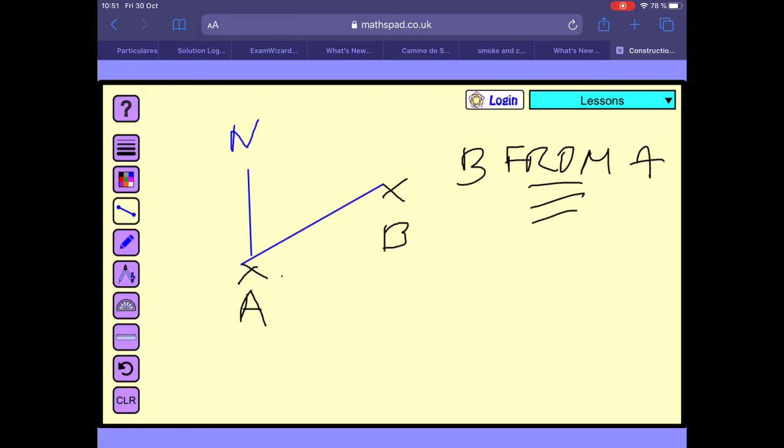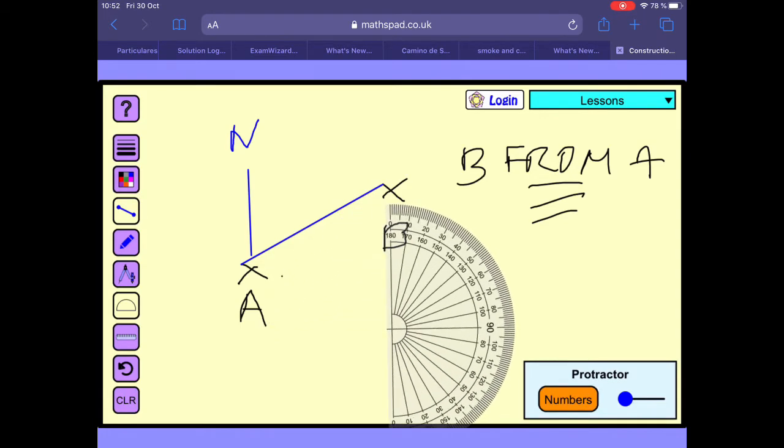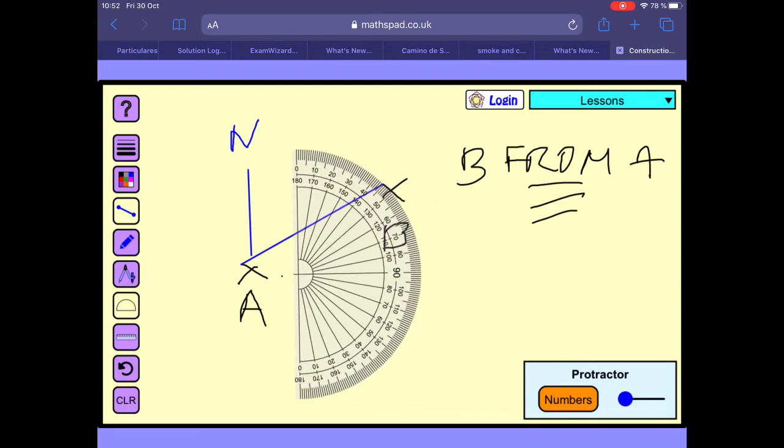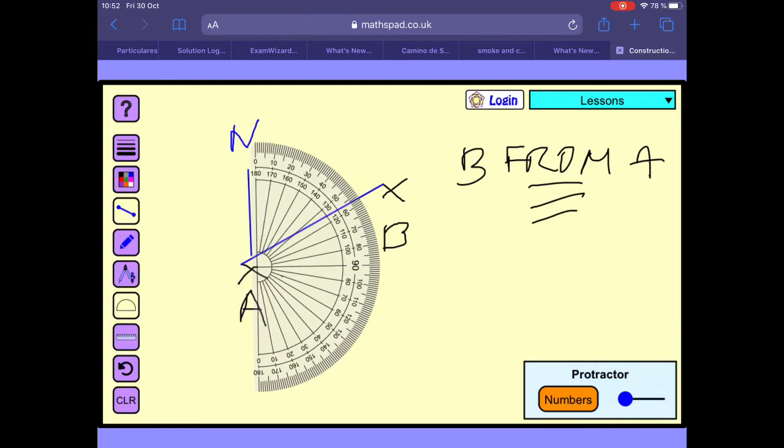Then I will get my protractor. I need to turn it. The cross of the protractor has to go on point A, and the 0 degree line has to line up with my north line, which it doesn't want to do here, but in your case it should. Sorry, I'm working with what I've got. So assuming that the cross of the protractor is on point A, the 0 degree line has to be in line with the north line, and then I'm going to measure in a clockwise direction.